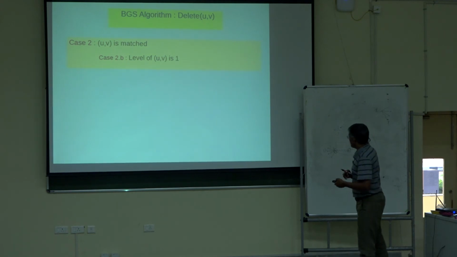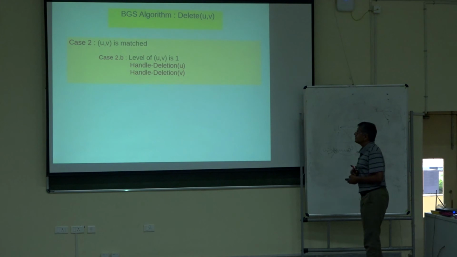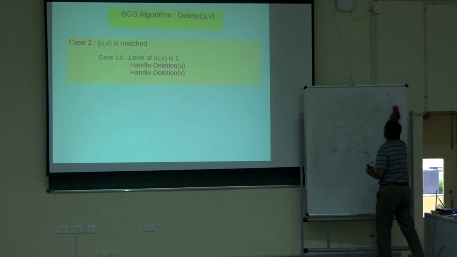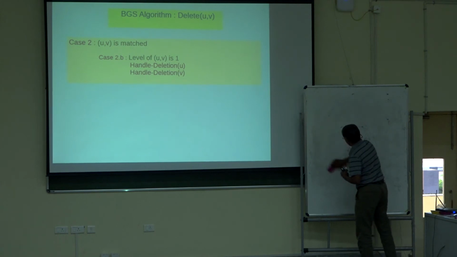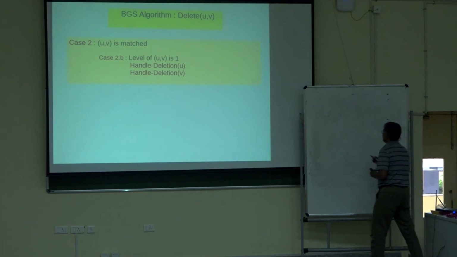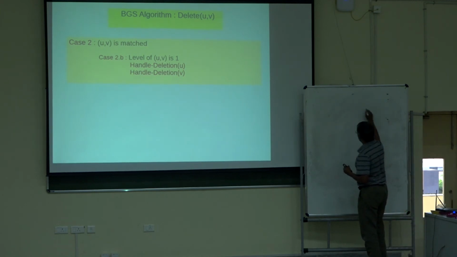Now, the challenge is only when UV is in the matching. Probably a better picture. So this is level 1. So you have UV, and this is deleted now.